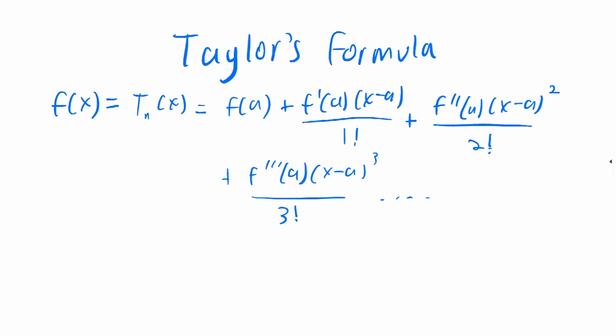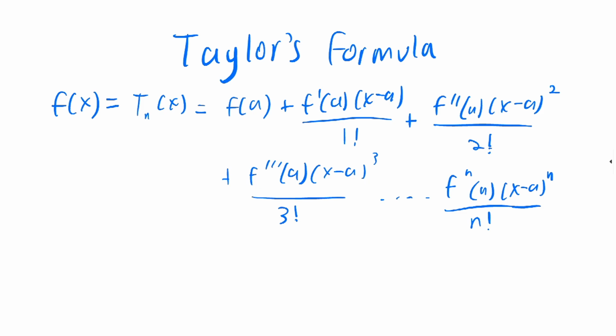And you can kind of see where this is going. This is really going to go all the way to the nth derivative of a times x minus a to the n over n factorial. So this is Taylor's formula.